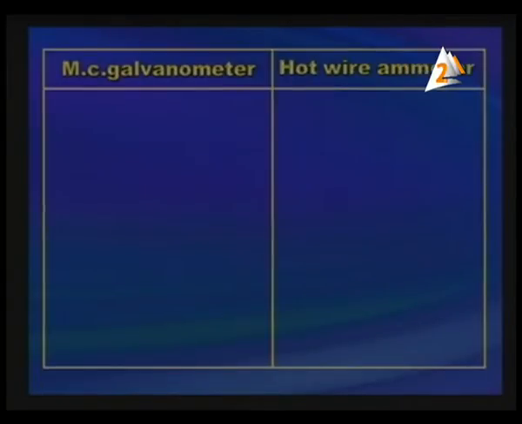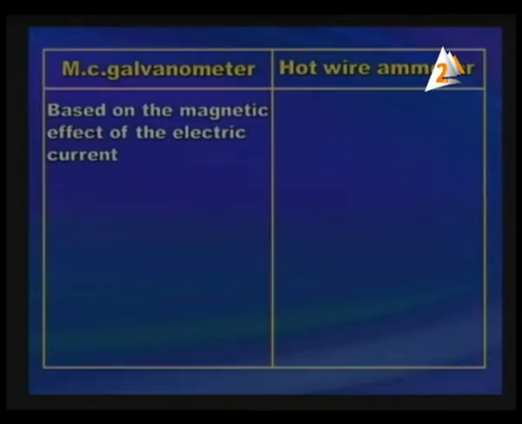And now we'll make a comparison between the hot wire ammeter and the moving coil galvanometer. Okay, first point of difference: the moving coil galvanometer is based on the magnetic effect of the electric current, you can say it is based on magnetic torque.